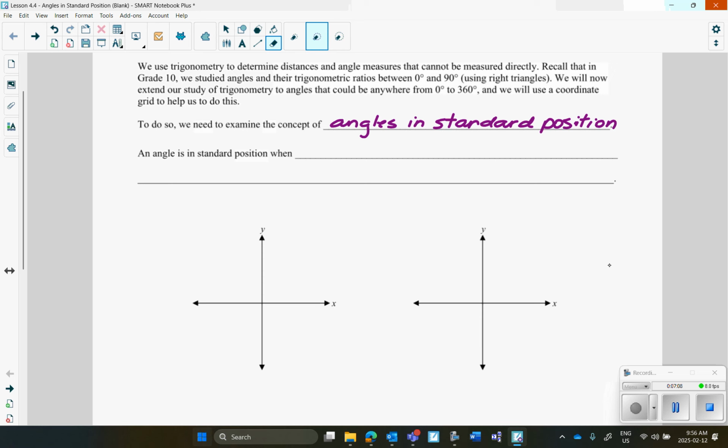The first arm, the arm where we start measuring from, we call that the initial arm. So the initial arm is on the positive x-axis.